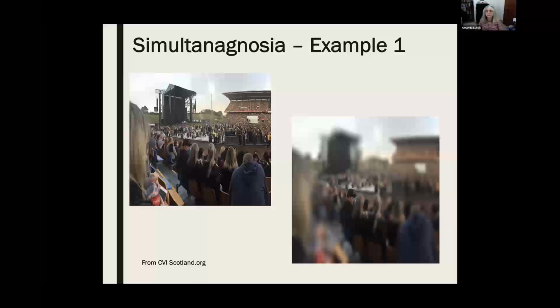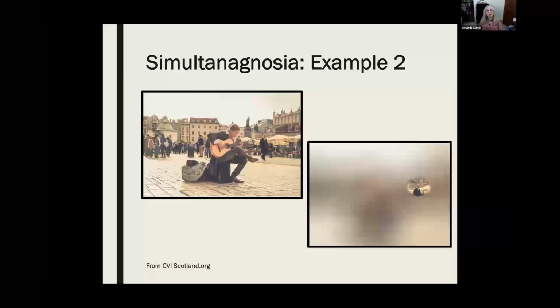Now, I just learned from CVI Scotland, and they've just supplied these other photos, that we may intuitively think that here's a picture on the left that someone with typical vision would see, that someone with CVI would focus right on the musician in the middle. But that may not be true. Look at the slide on the right.